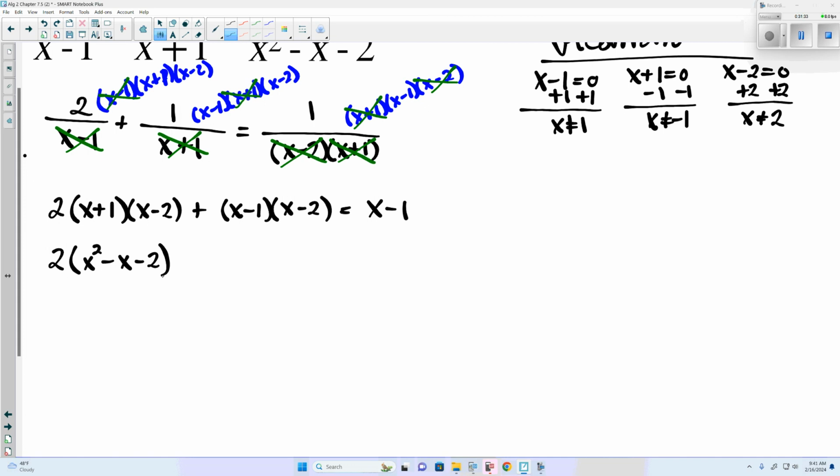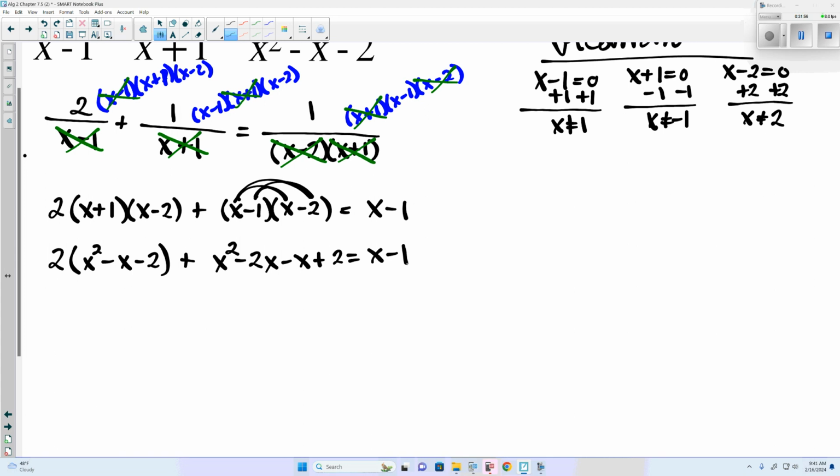Plus, x minus 1 times x minus 2 did not show up in the original. So we'll distribute this out. X times x is x squared. X times negative 2, negative 2x. Negative 1 times x is negative x. And negative 1 times negative 2 is plus 2.